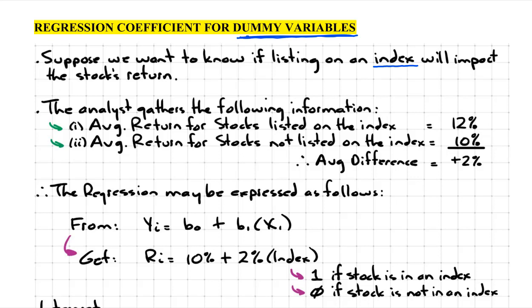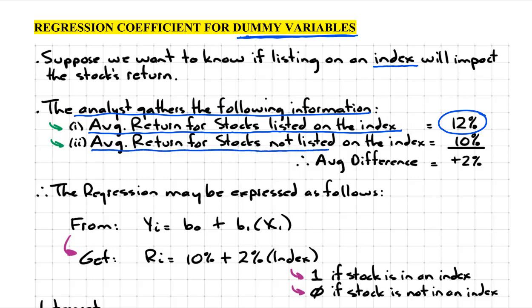So to see if being listed on the index will have an impact on return, the analyst gathers the following information. First, she measures the average return of stocks listed on the index, and she notes that on average, that group yields 12% return. And then she compares that with the average return for stocks that are not listed on the index, and she notes that that group is yielding 10%.